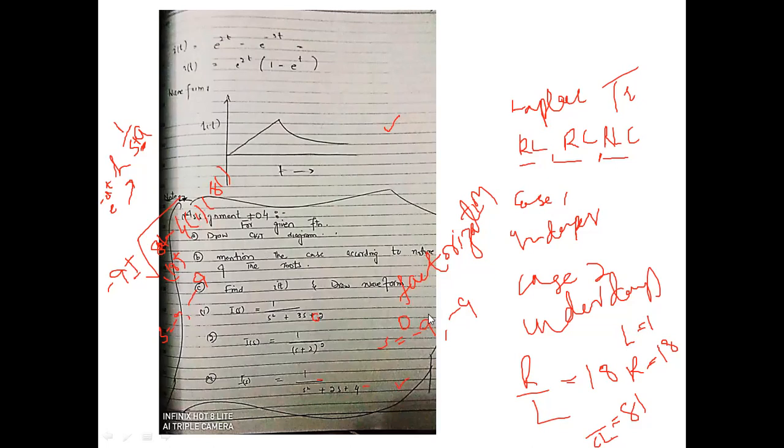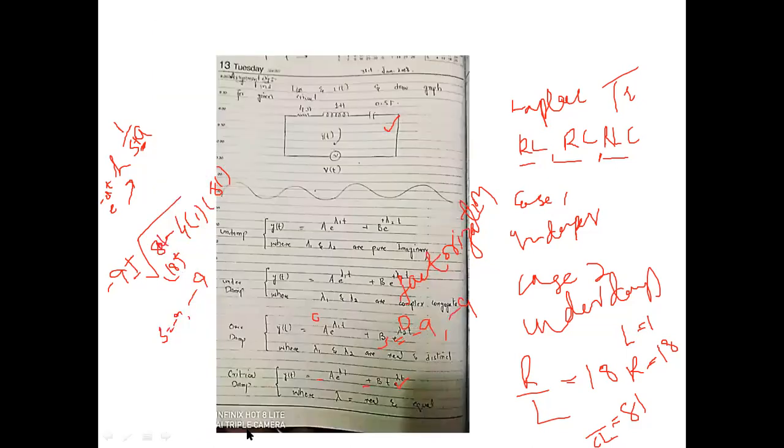Okay, if this is the case of underdamped, you have to draw the waveform for the underdamped, and if it is critically damped or undamped or overdamped, you have to draw the waveform for their respective cases. Okay, the generalized equation for all of these cases will be y of t is equal to a e raised to the power lambda 1 t plus b e raised to the power lambda 2 t. For underdamped, it is the same as above.